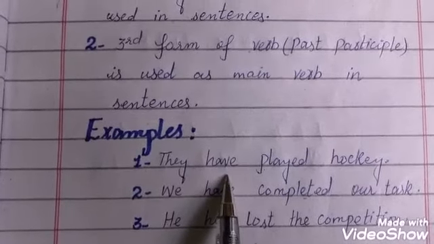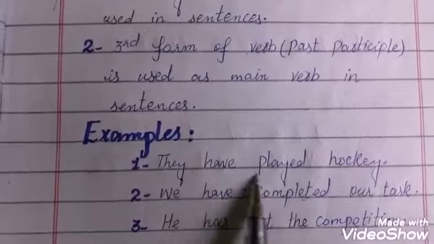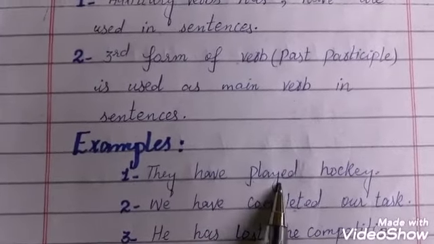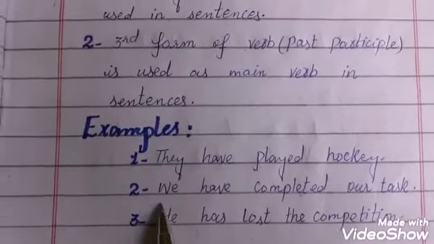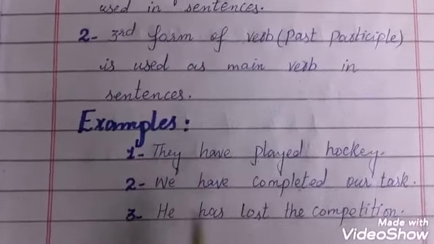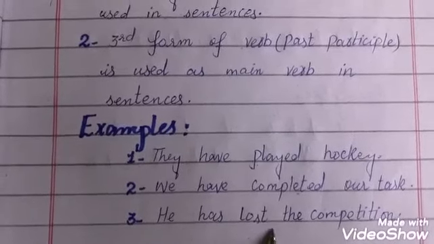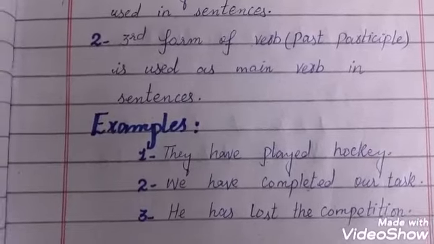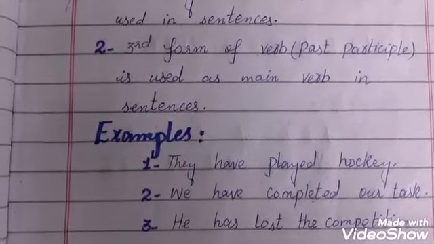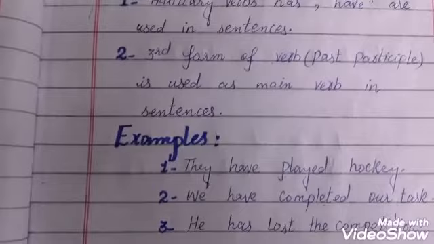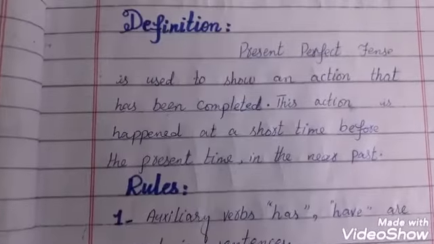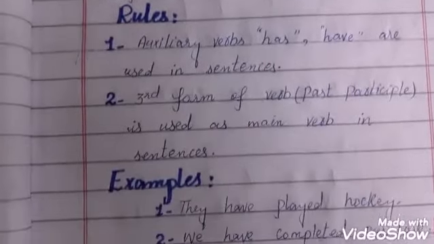You can see we have used auxiliary verb have and past participle. Number 2, we have completed our task. Number 3, he has lost the competition. So friends, this is present perfect tense, its definitions and rules and examples.